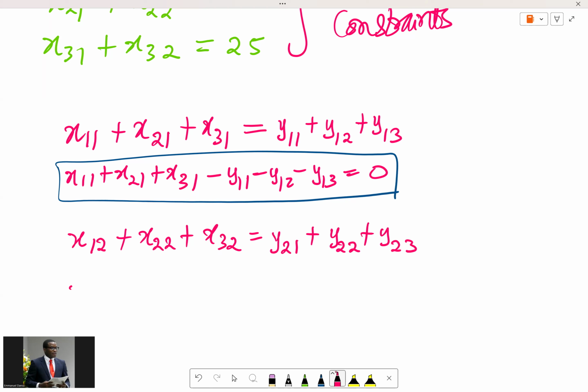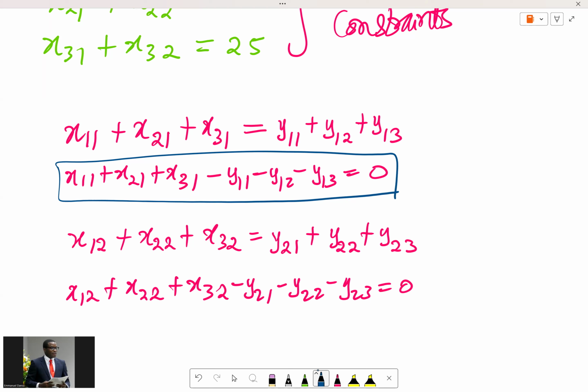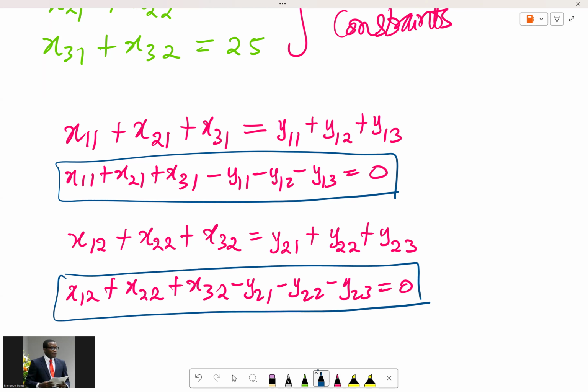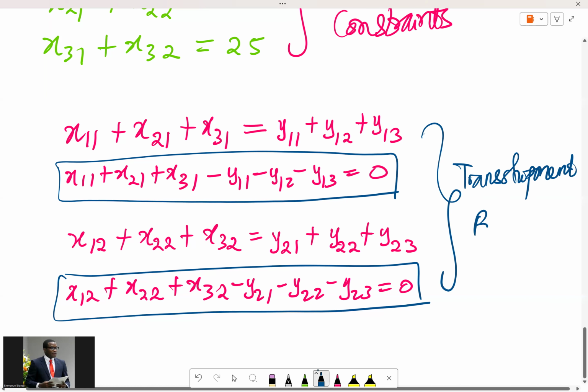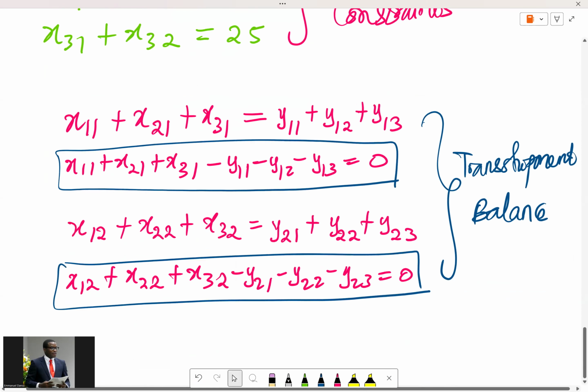So you can also rearrange and have x12 plus x22 plus x32 minus y21 minus y22 minus y23. All of this will be equal to 0. So this you can consider as the transshipment balance. It's a kind of constraint too.